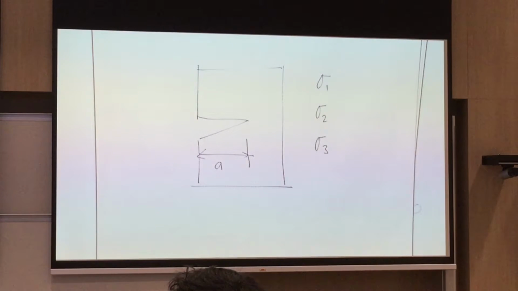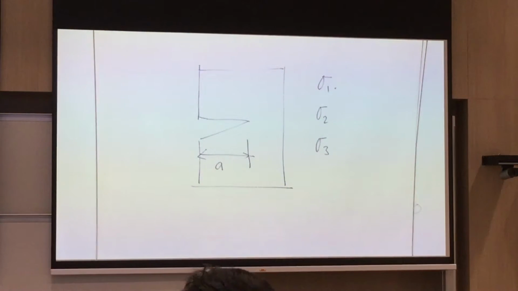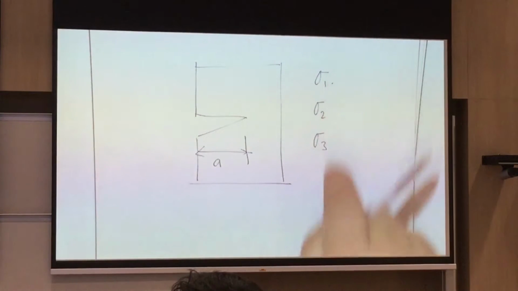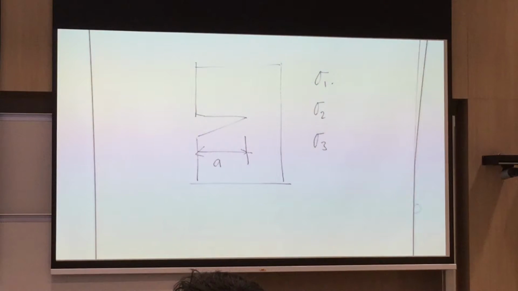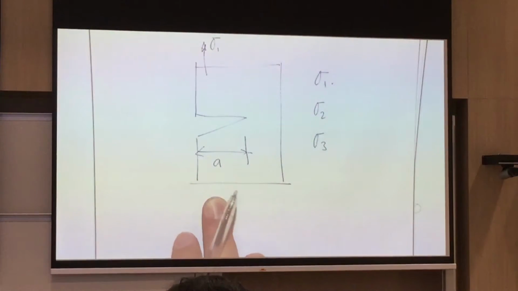Which stress will cause the crack to grow? Now take note, sigma 1 is pure tension, sigma 3 compression, sigma 2 in between. Sigma 1 is the maximum because it will create an extension. So which one here will be the stress that we're going to use in the analysis? Sigma 1. And we're assuming that sigma 1 is acting perpendicularly to that crack.